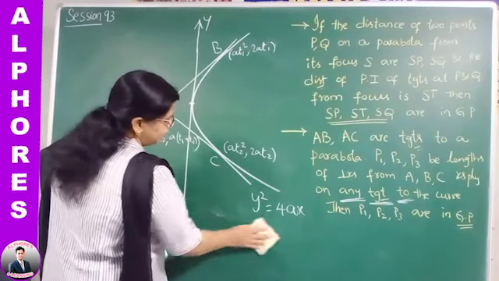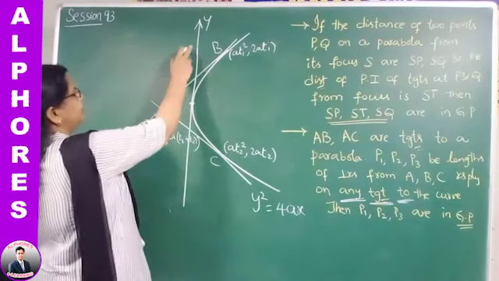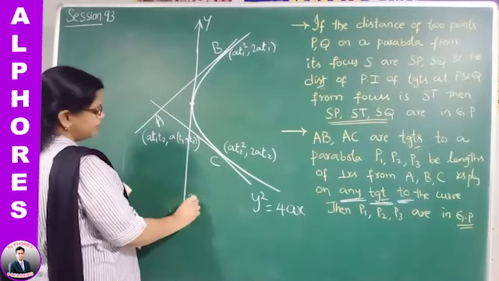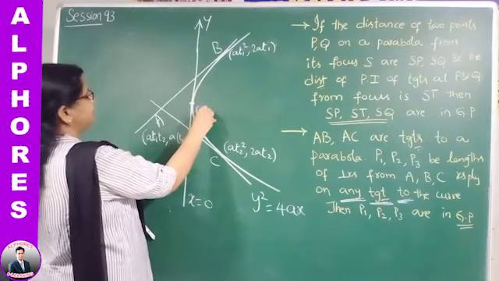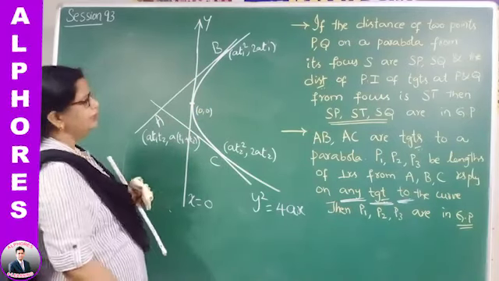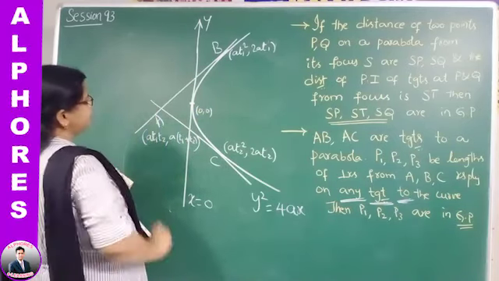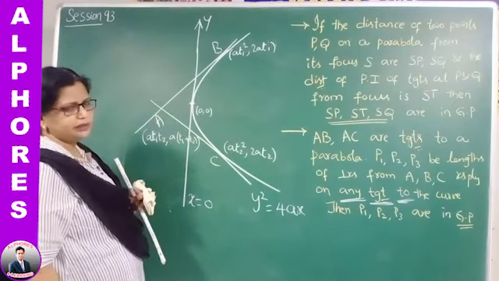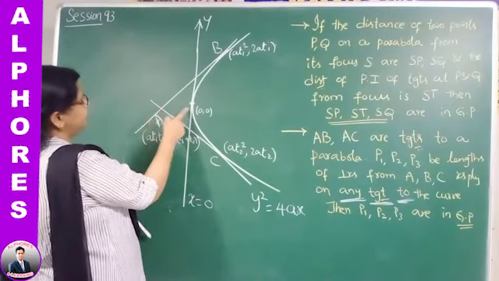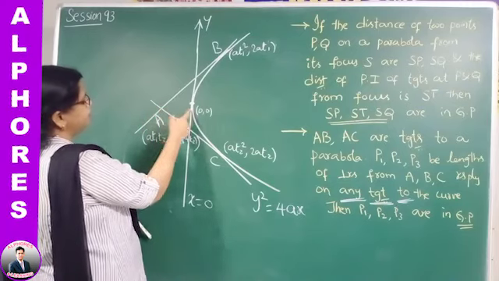So what is our tangent at the vertex to this parabola? It is the y axis, whose equation is x equal to 0. And what about this point here? It is (0, 0). Okay, now what is the foot of the perpendicular from the point A onto this? You all know clearly what that value is from here to here.